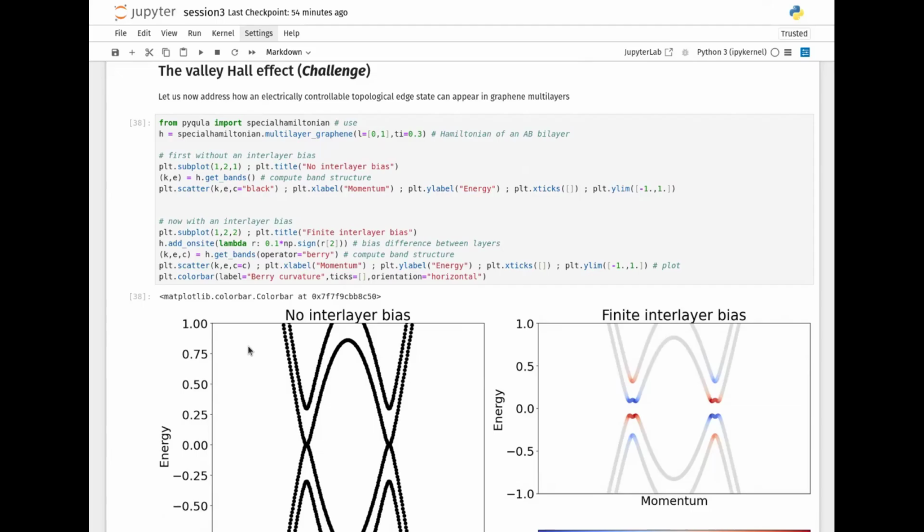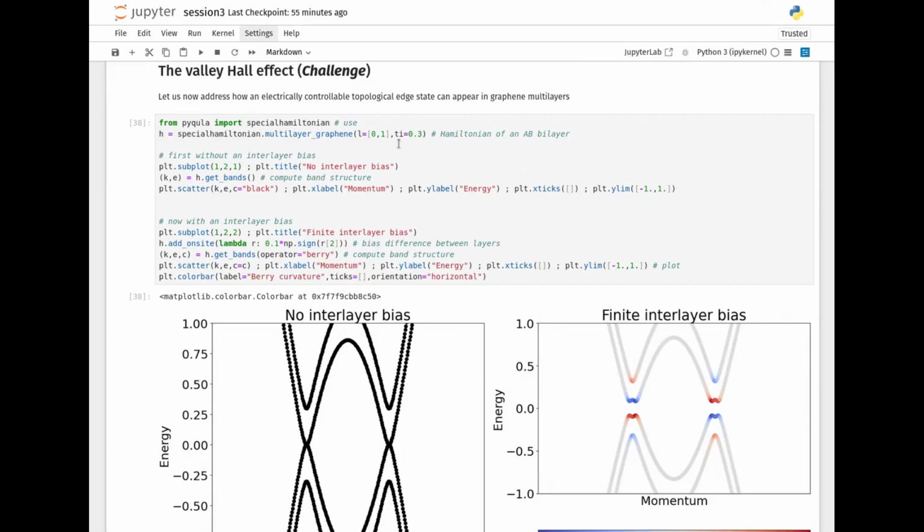And this is, of course, an approximate protection because the Dirac equation is a low energy approximation, and if you have very strong perturbations, then you can always break this low energy approximation. But this is very important because it appears, for example, in multi-layer graphene systems, and it can be controlled by an interlayer bias. So let us do this example.